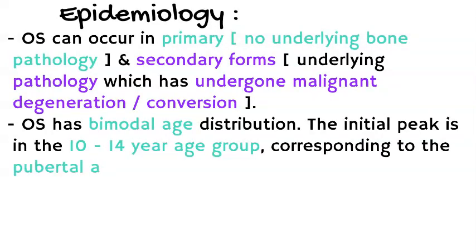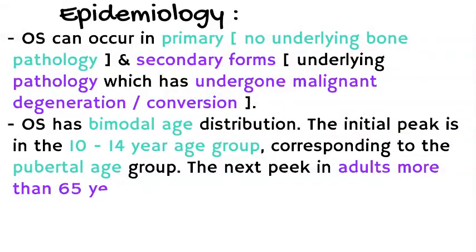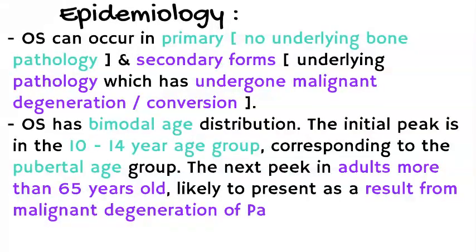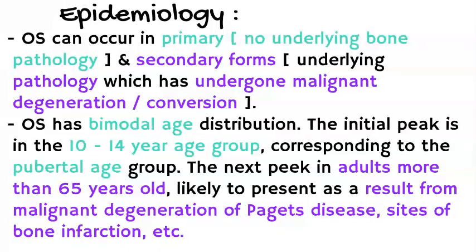The initial peak is in the 10 to 14 years of age group, corresponding to the pubertal age group. The next peak is in adults more than 65 years old, likely resulting from malignant degeneration of Paget's disease, sites of bone infarction, etc.